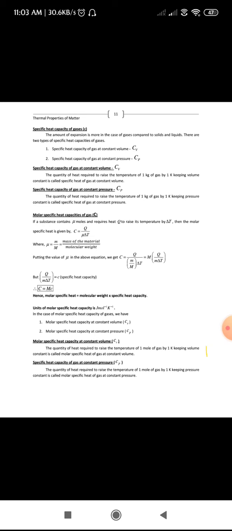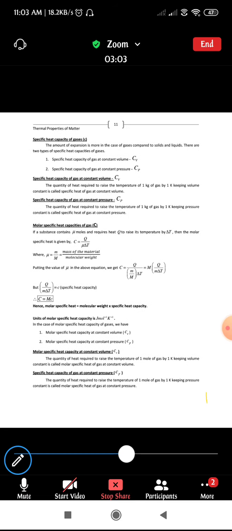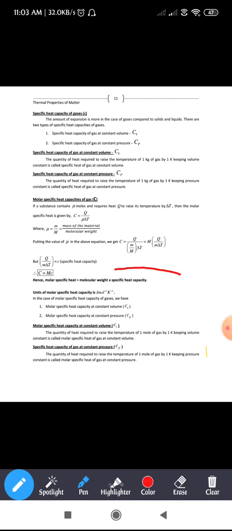So if you substitute that value of mu in the denominator, the equation you are going to get is C is equal to Q divided by small m divided by capital M into delta T. So that comes out to be capital M into Q divided by small m delta T.